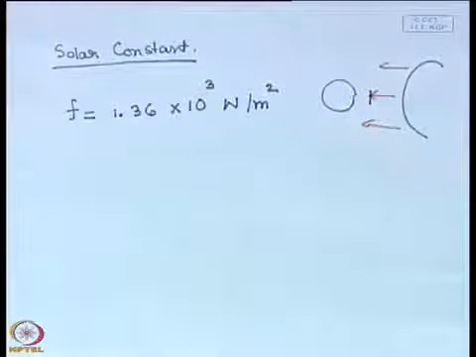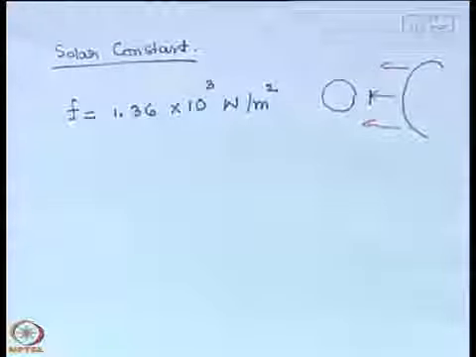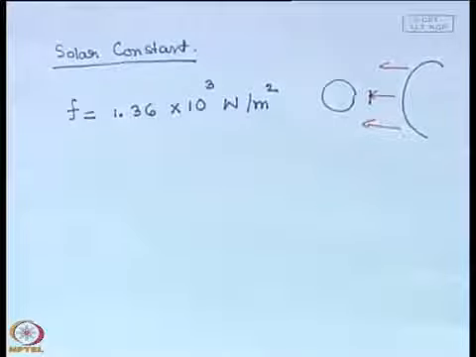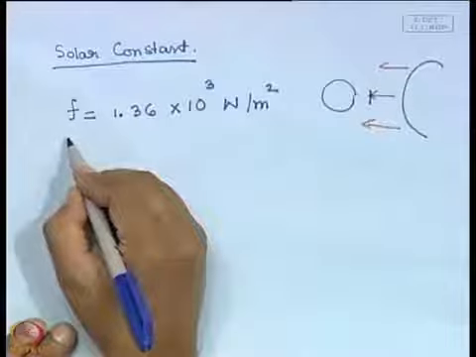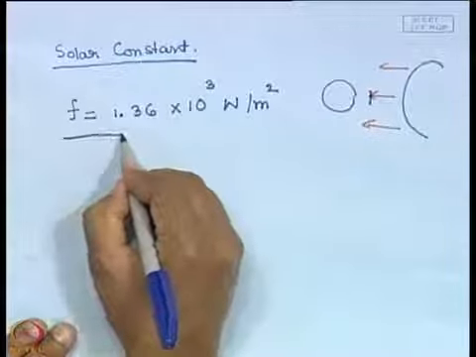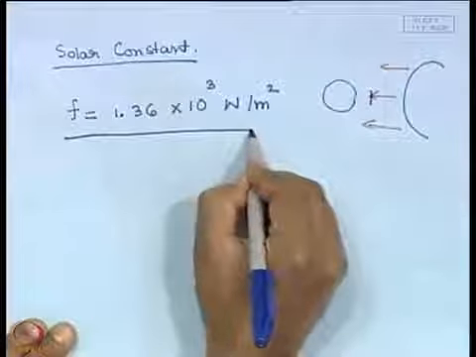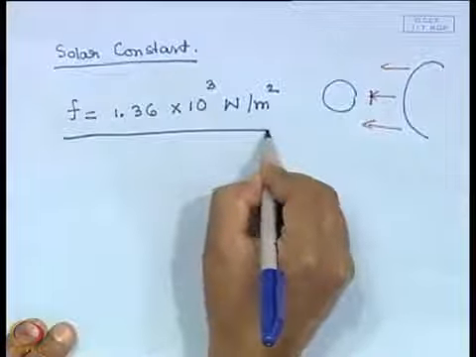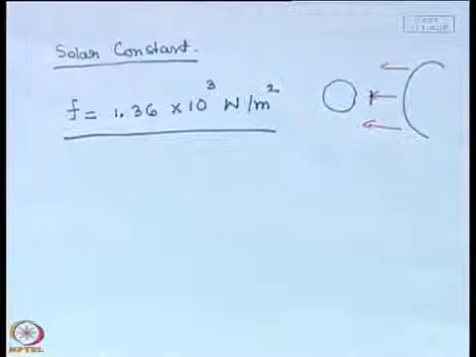This is the flux of total solar radiation incident per unit area of the earth, measured outside the earth's atmosphere, and it is this energy which essentially keeps us alive, keeps the whole civilization going, keeps life on earth going. This is what is called the solar constant.